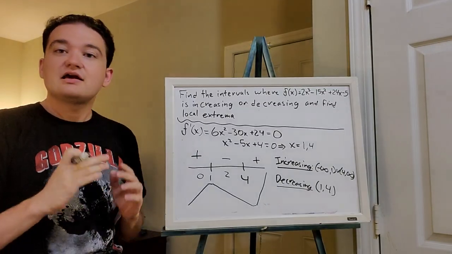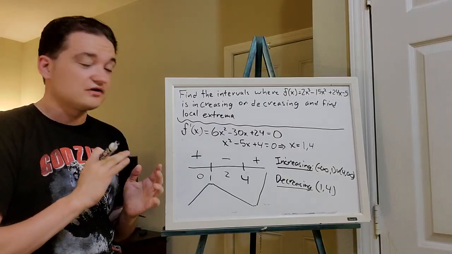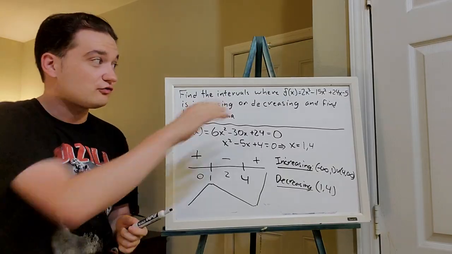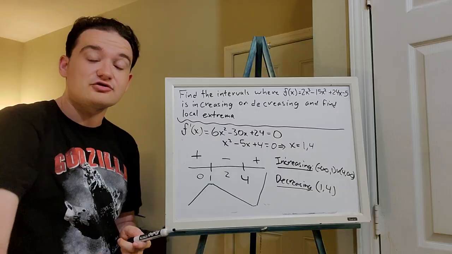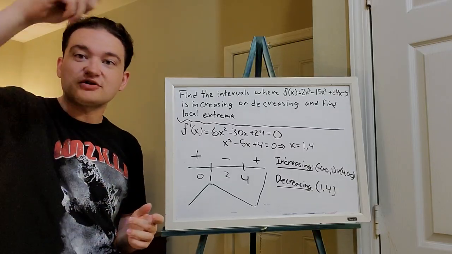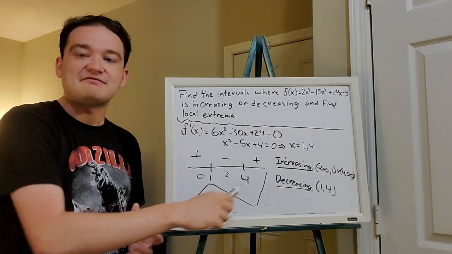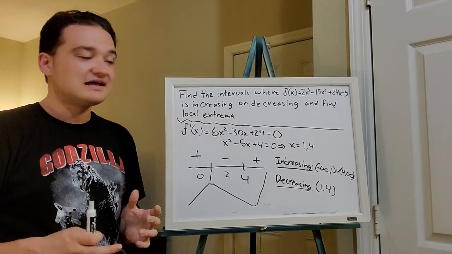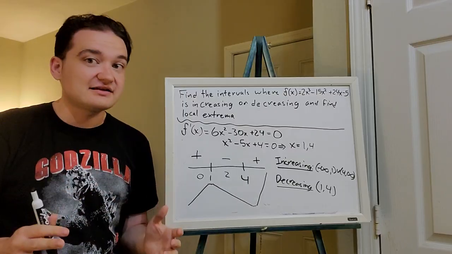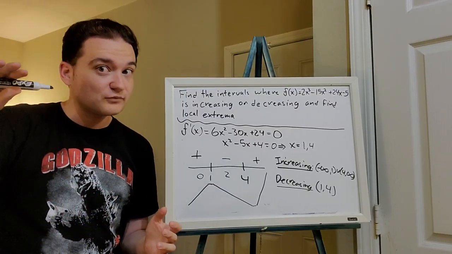Okay, so that's cool. We figured out where the function is increasing or decreasing. If you want, you can graph this, plug it into Desmos or whatever, and you can see the places where it's going up or going down exactly match this. This is a rough graph of whether it's increasing or decreasing. It's not meant to look exactly like the function, just tell us, are we going up or going down?